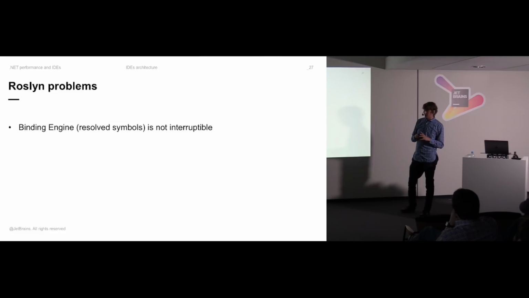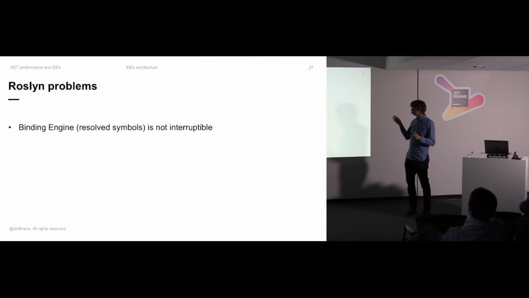Resolving the symbols means, if you write my variable dot foo, and foo returns a type, let's say a type called Roslyn, I have to bind to resolve that this specific expression resolves to a type called Roslyn, for example.